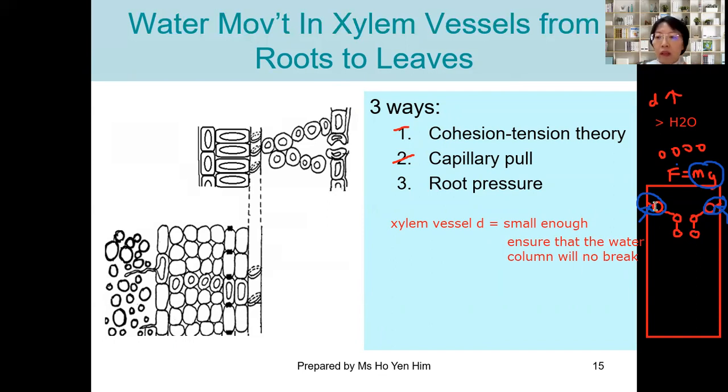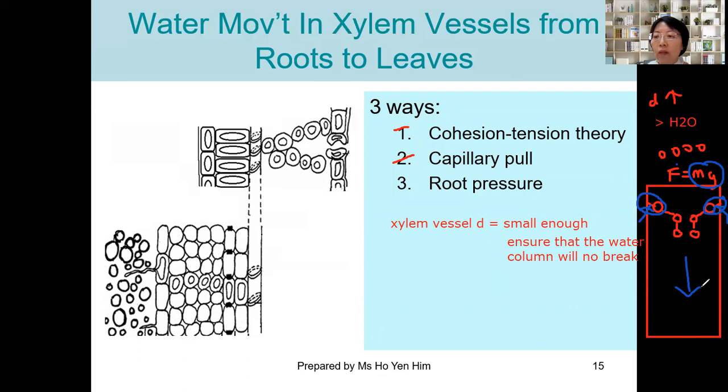Why does it break? It is because the column of water over here is too heavy, so the hydrogen bond can no longer hold them together. They will break off because the force going down is stronger than the force going up. The force going down is strong because there are too many water molecules, so it is very heavy.